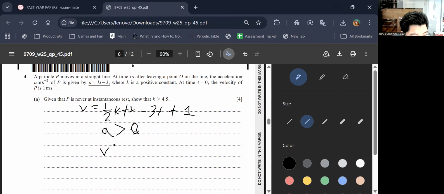So then V is also always increasing. V is always increasing, which means that this is always greater than 0.